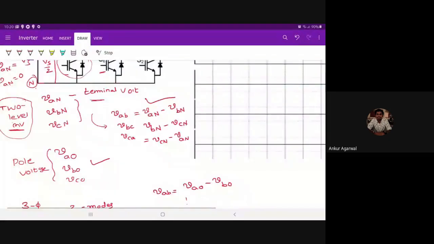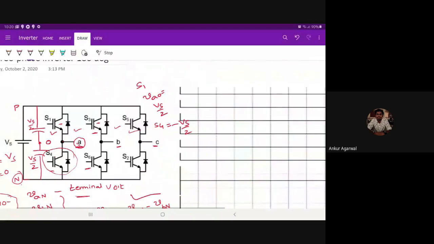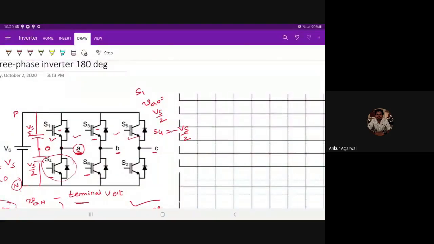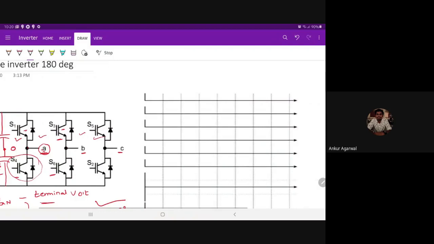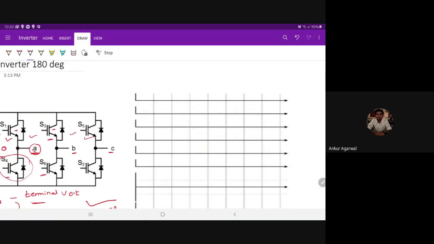So here also, first we'll discuss the 180-degree mode of operation. This is the firing signal for the switch S1, this is for S2, this is for S3, this is S4, S5, and this is S6.